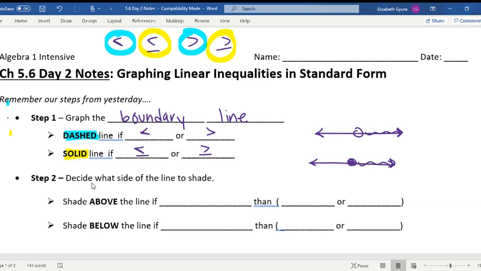All right, then we need to decide if we need to shade above or below. So remember, we sometimes have values that are greater than or equal to, or less than or equal to. Does anyone remember when we would shade above? Would we shade above if we were dealing with values greater than or values less than?